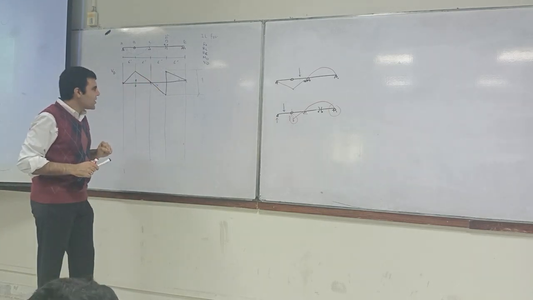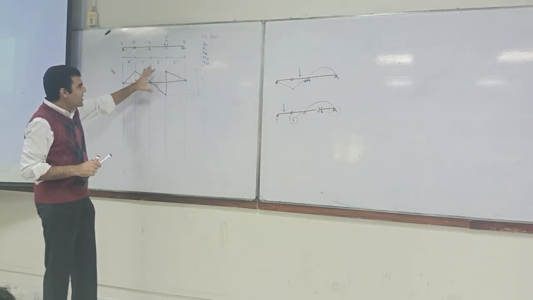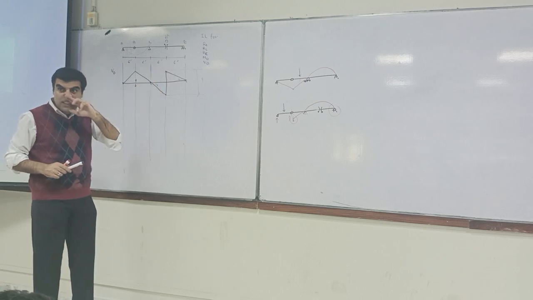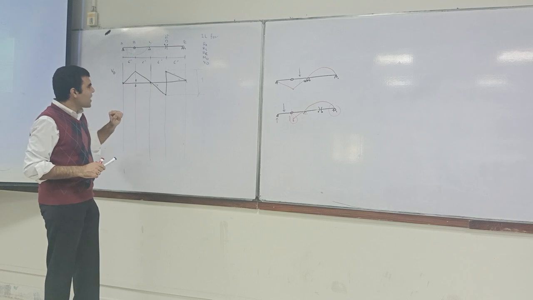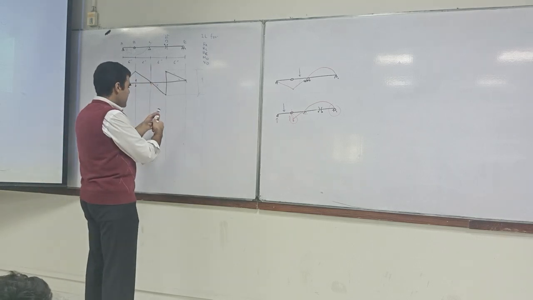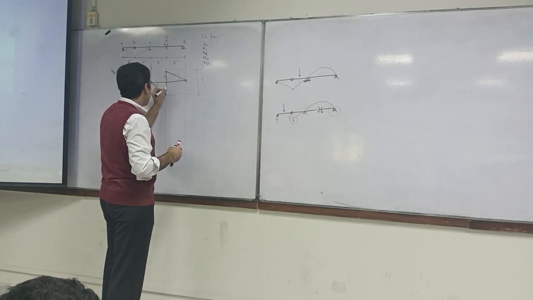Once it moves like this, this whole thing is 1. The whole shear is 1. Now we have to work out our ordinates. So what is our ordinate? This one I call H1. You can call it anything, H1, H2.